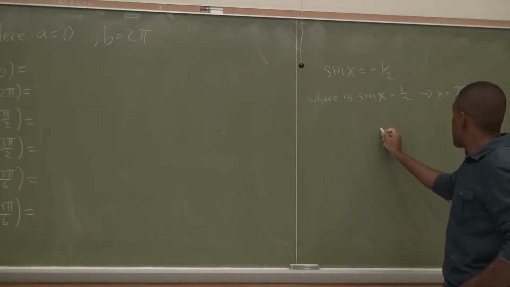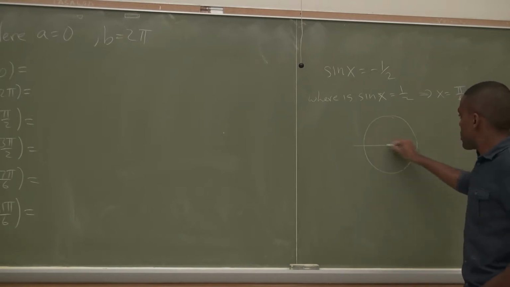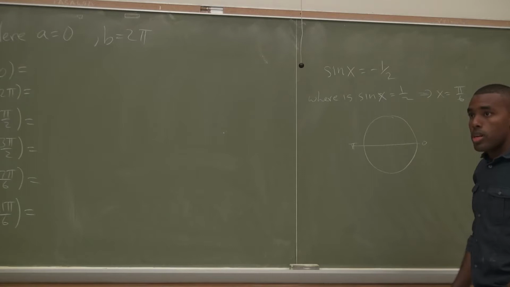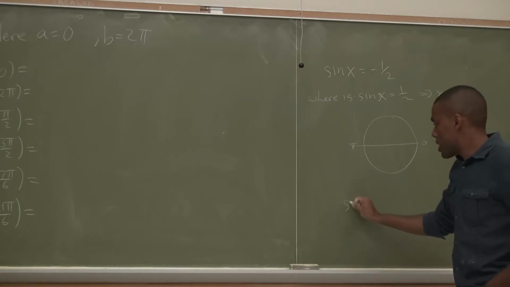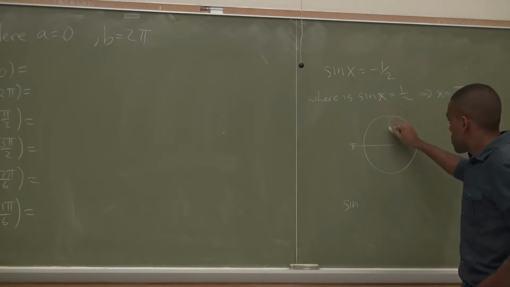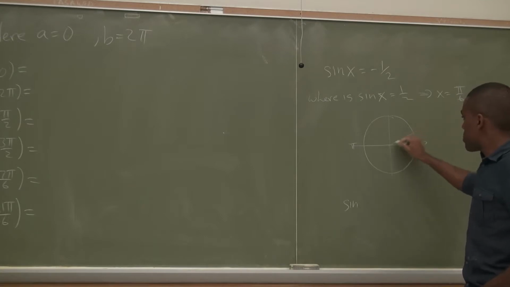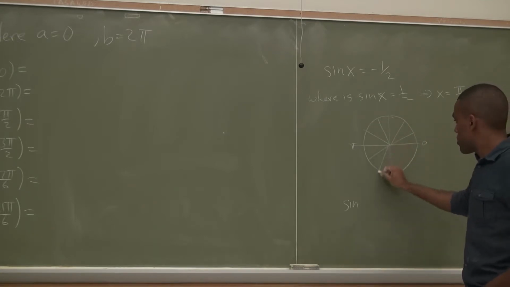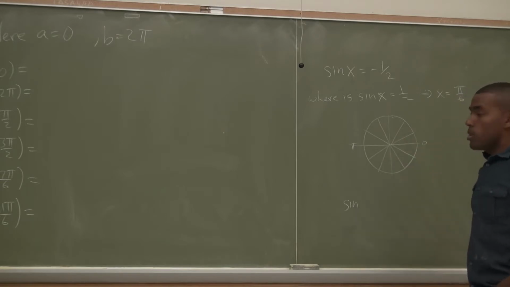So now what happens is you have this guy. You know that angle is 0, this angle is pi, right? Now if you're looking at pi over 6, it means you take pi and you divide it into 6 pieces, right? Now we know that all students take calculus.